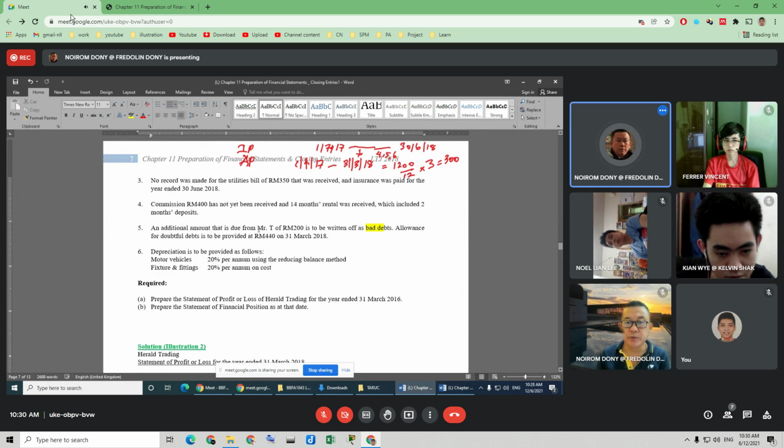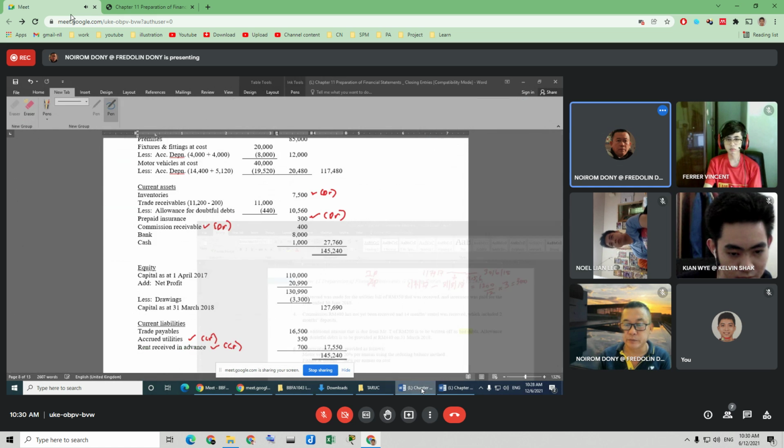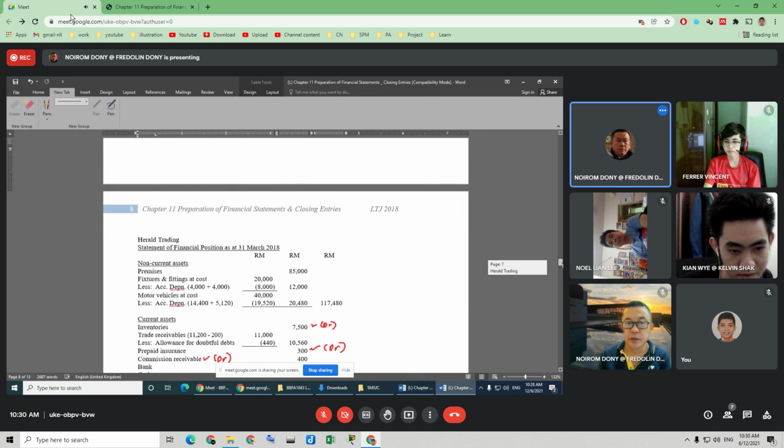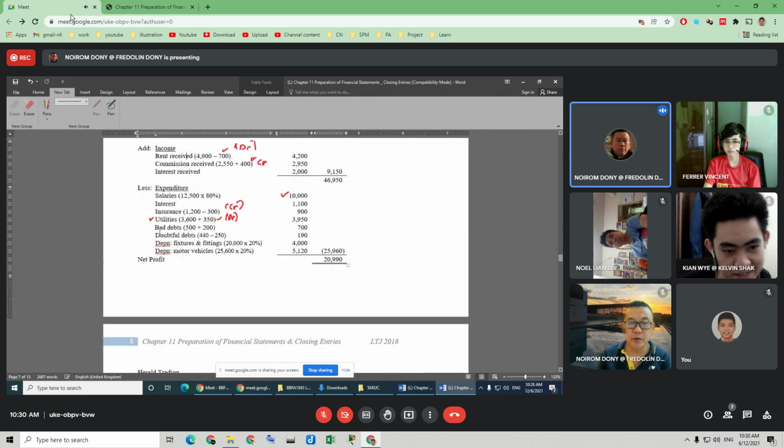So bad debts, remember we have an existing one in the trial balance. So you need to add it to the existing bad debts. So in SPL, you have bad debts here. So we plus 200 from the information.